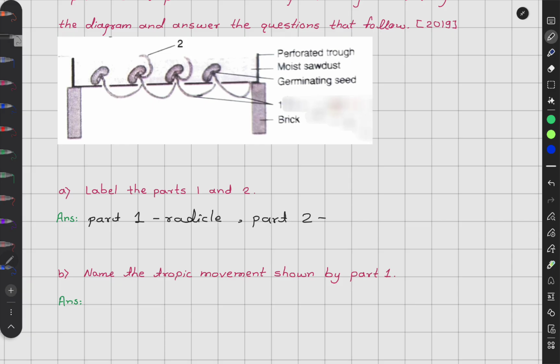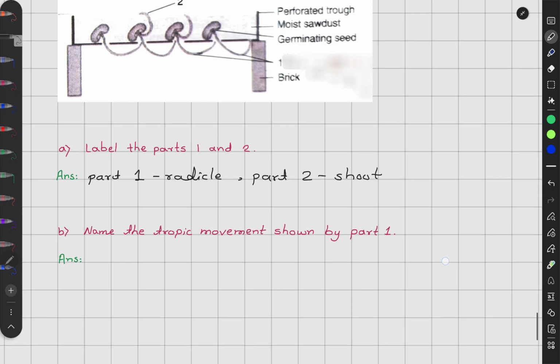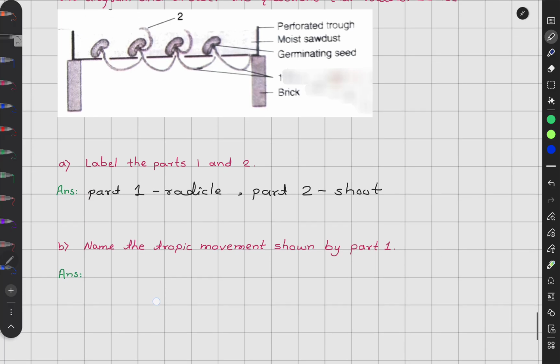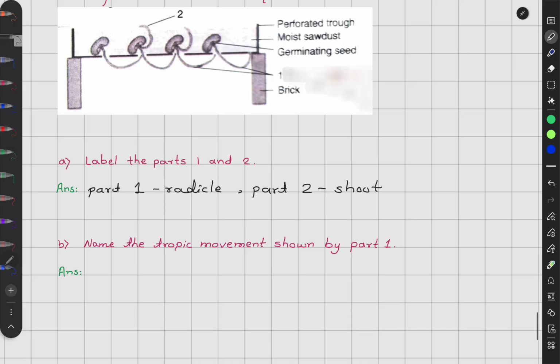Part 2 is shoot. Name the tropic movement shown by part 1. Tropic movement shown by part 1 is hydrotropism.